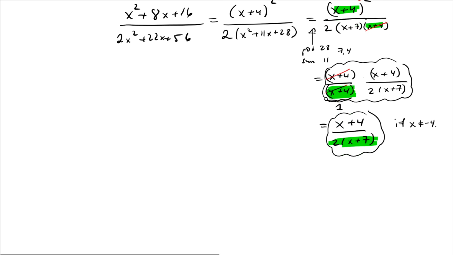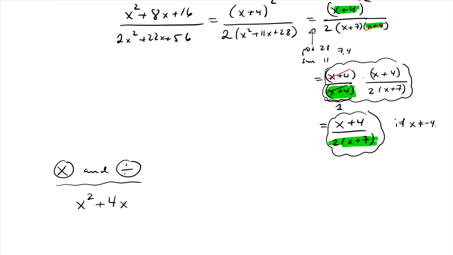Okay, now we're going to multiply and divide our rational expressions. So let's say we start by multiplying. So this times this.